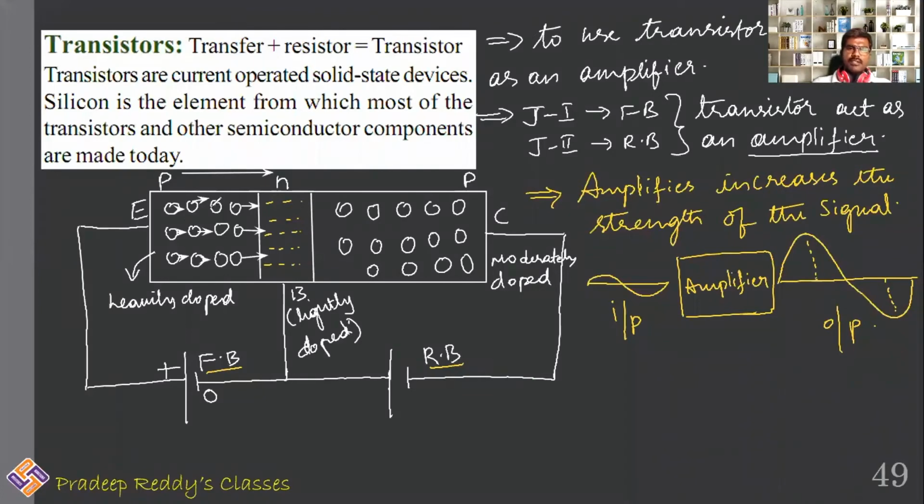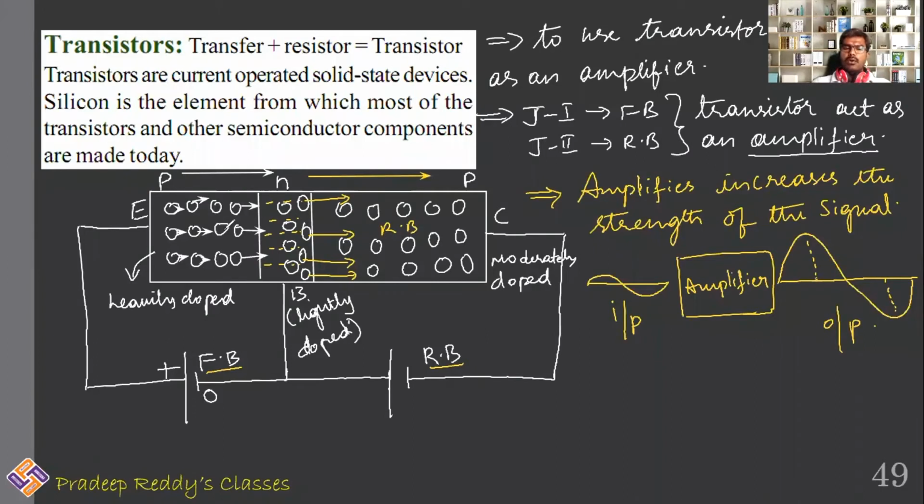When the holes enter into this N region, some of the holes will recombine with the electrons, and some of the holes which enter into this base region are pulled by the collector region because it is reverse biased. In case of reverse bias, this is negative and this is positive, so the electric field is in this direction.